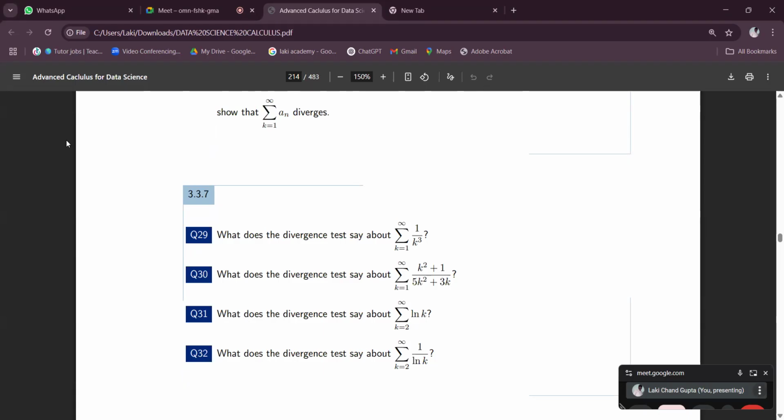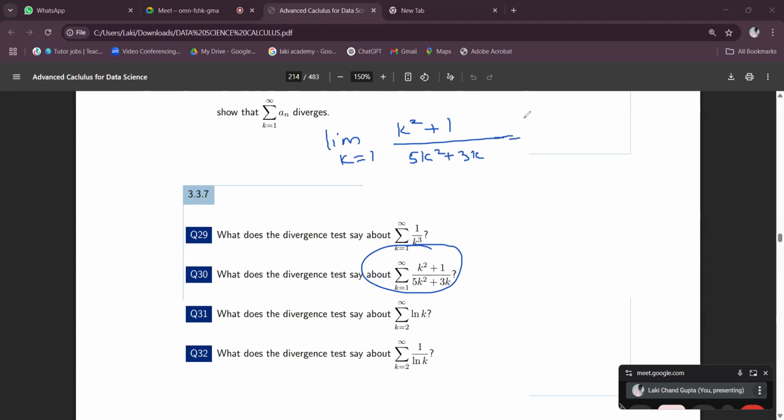See this question. Take k square common. k square cancels.